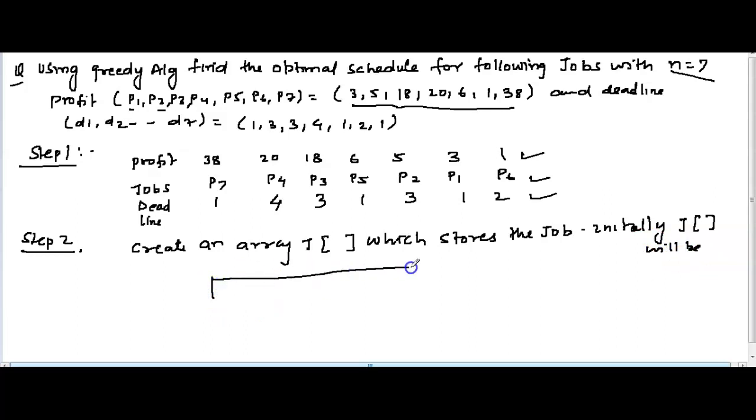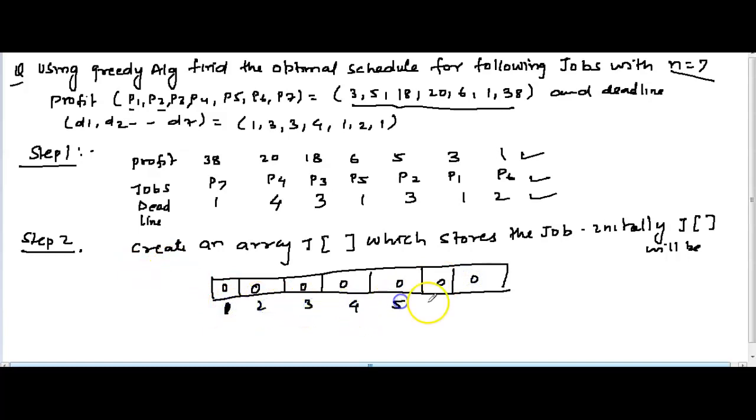This is the J array for the 7 elements: 1, 2, 3, 4, 5, 6, 7, with 0, 0, 0, 0, 0, 0, 0. We have initialized these values. This is the first job, the second, third, fourth, fifth, sixth and seventh. Understood till here? We have created the 7 array elements and first initialized all the values of this job store to 0.